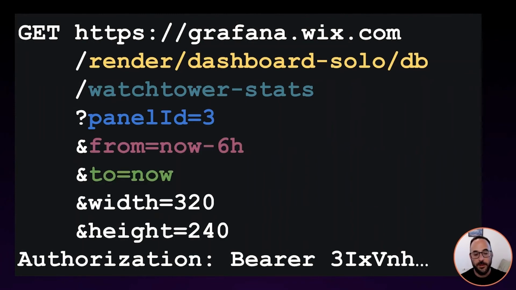You need to tell it the time frame, because if you're rendering a panel, you need to tell it how many minutes or hours to give you in the range. And since we're going to render it to an image, we need to tell it the dimensions of the image in width and height. Because we're not calling this from a browser, you need to authenticate into Grafana somehow. So you give it your API key with the authorization HTTP header.